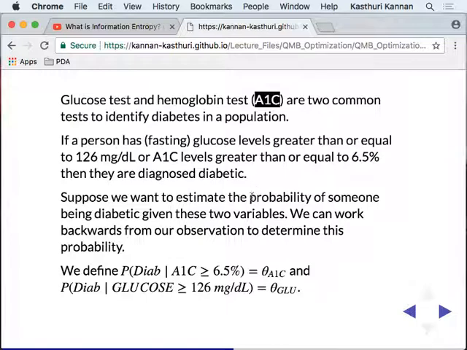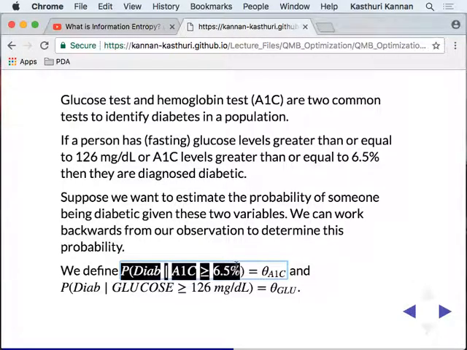Let's say you want to estimate the probability of someone being diabetic, given these two variables. So we can define the probability of someone being diabetic given A1C is greater than 6.5 as some variable that I have to determine. I want to find out, based on these two variables, what is the probability of somebody being diabetic given the hemoglobin and the glucose levels.